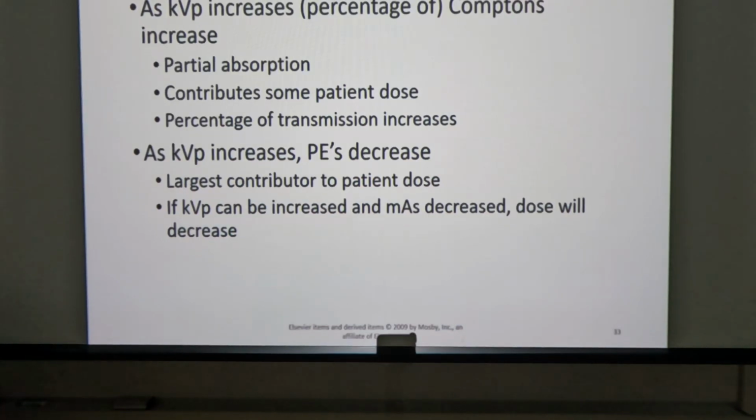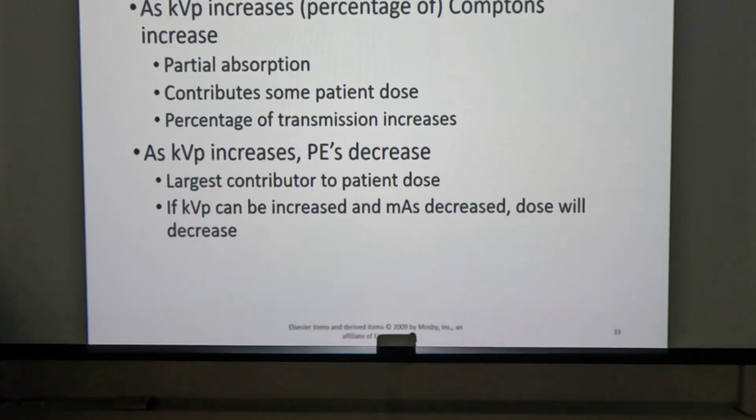Does that have a major effect on thin anatomy where you don't create a whole lot of scatter radiation to penetrate, like extremity work? The answer is no, not really. You're not creating a whole lot of scatter radiation in those because they're thin, right? But you can over-penetrate, so you still don't want to use too high a kVp.